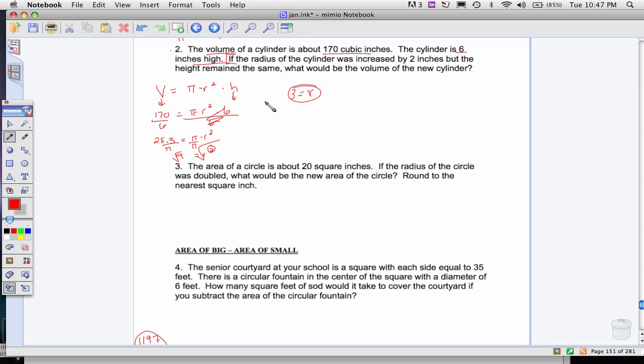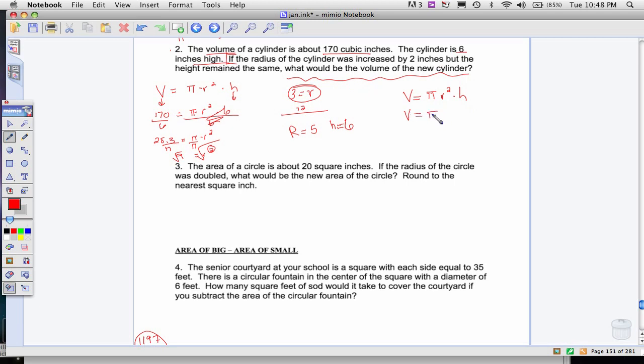Now, let's read starting at this part of the sentence. If the radius of the cylinder was increased by 2, that means I have to add 2 to my radius. And so my new radius is 5, and the height remained the same, so my height is still equal to 6. What would be the new volume? Well, I need to get the formula for volume of a cylinder out again.